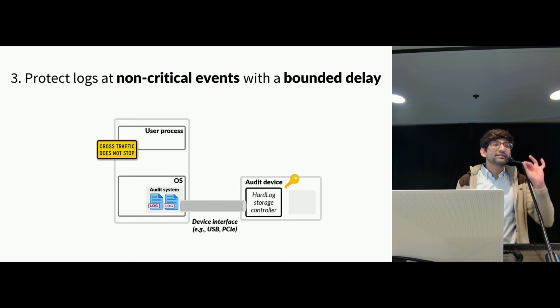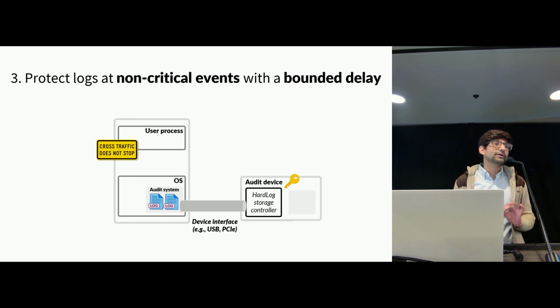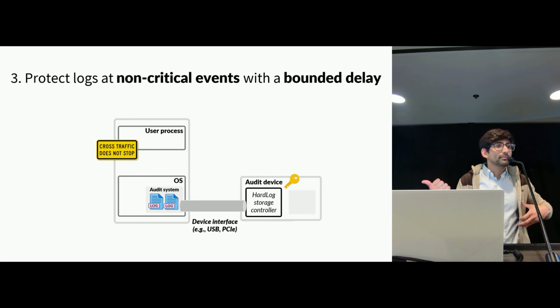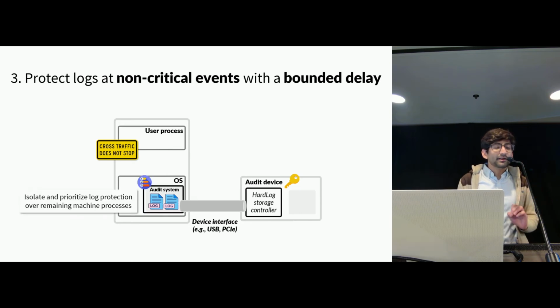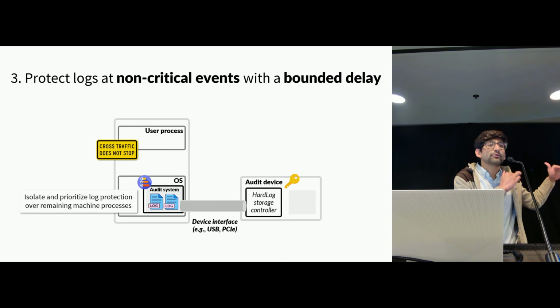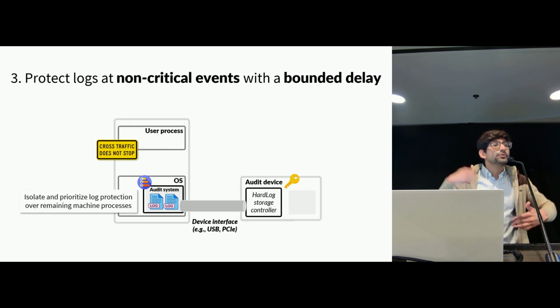HardLog ensures this bounded delay for all non-critical events. When a non-critical event happens, the process is not stopped because that would be extremely slow. Rather, what HardLog does is that it isolates and prioritizes the aspect of log protection on the machine over all remaining background machine processes. This allows the system to protect logs in the audit device in the background as fast as possible.